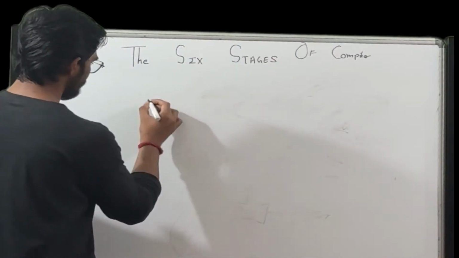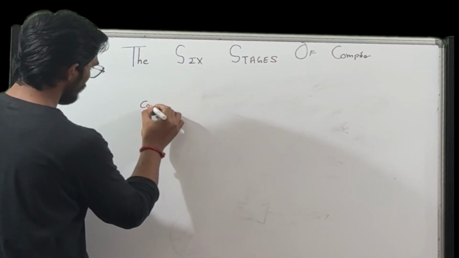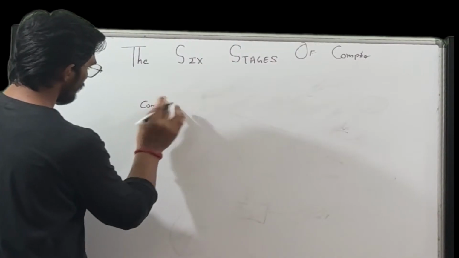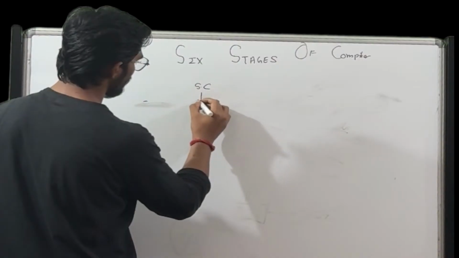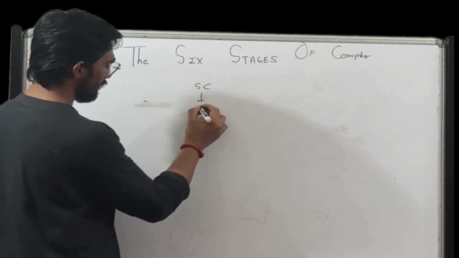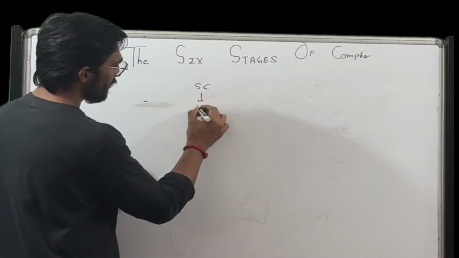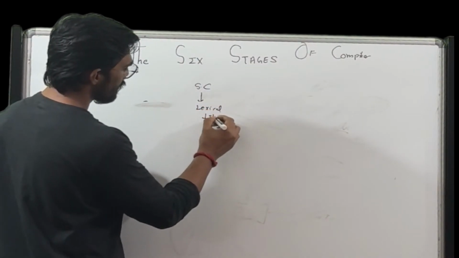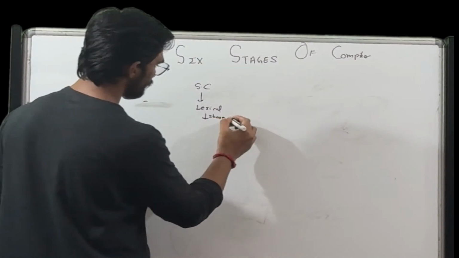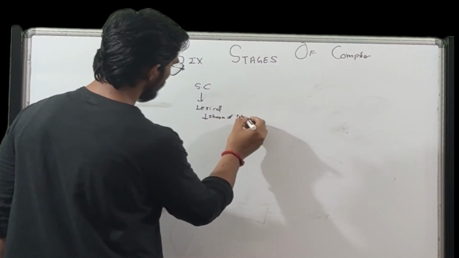So basically, our source code is given to the compiler front end, where first comes lexical analysis, which generates a stream of tokens.